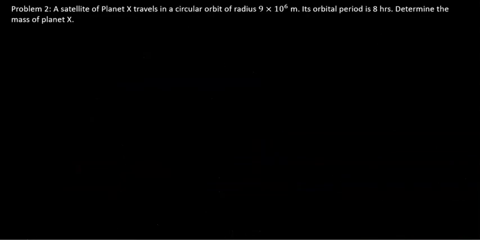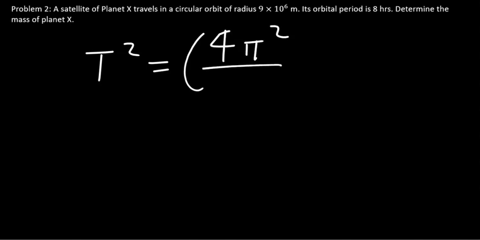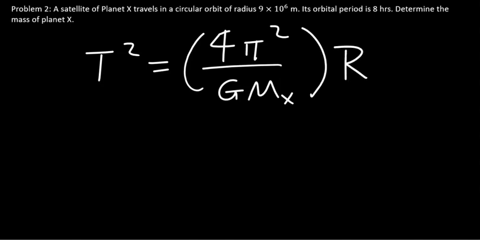Problem 2. A satellite of planet X travels in a circular orbit with radius 9 times 10 to the power 6 meters. Its orbital period is 8 hours. Determine the mass of planet X, the central planet. So we use the familiar expression T squared equals 4 pi squared over gravitational constant times the mass of the planet X, which we want to determine, times the orbit radius cubed.